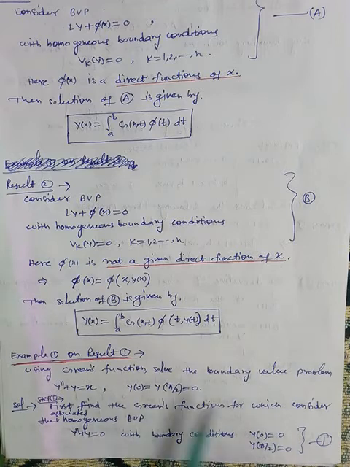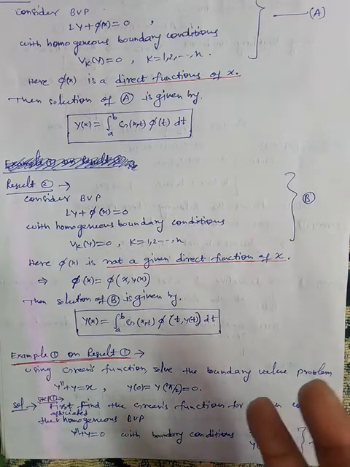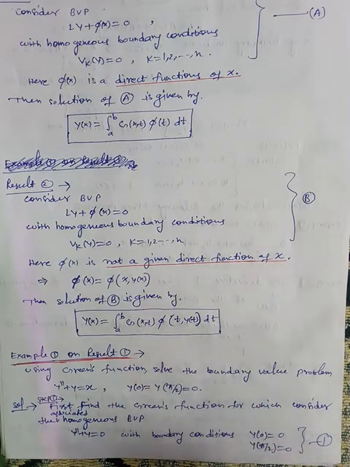Okay, so we have divided the solution procedure into 3 steps. Step number 1: first find the Green's function, for which we will consider the associated homogeneous boundary value problem. We have already discussed the procedure of how to find the Green's function, but here we have taken this part in step number 1.